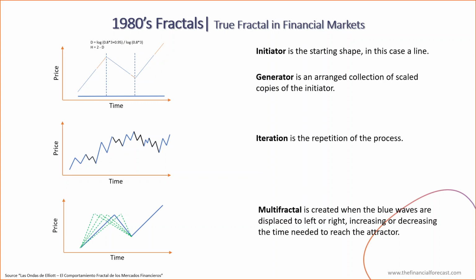And the pattern that repeats continuously is not the 5 waves that Elliott mentioned before. It was very elegant and very nice to fit also all the Fibonacci sequence within every pattern. But the truth is that the financial market iterates in 3 waves, in zigzags.